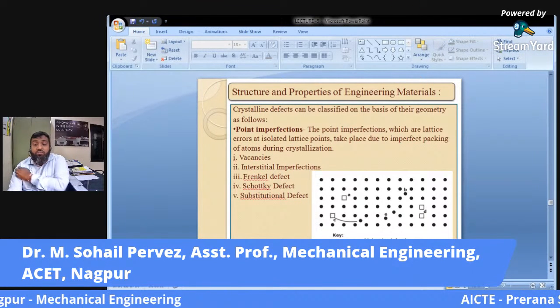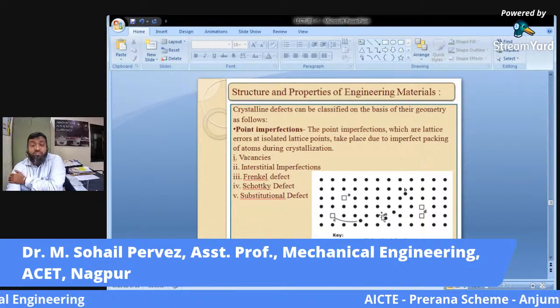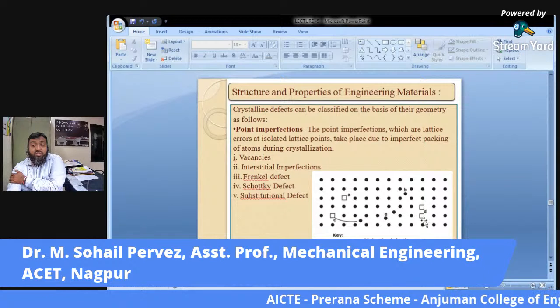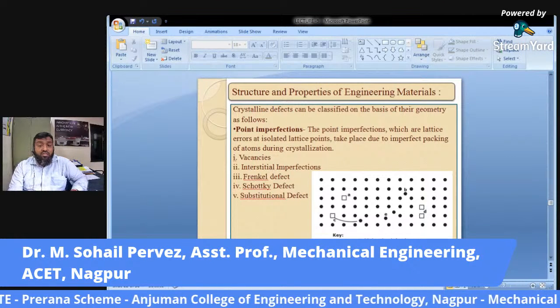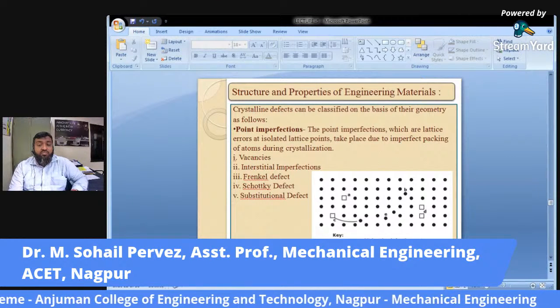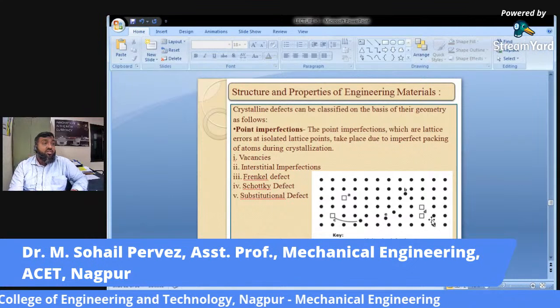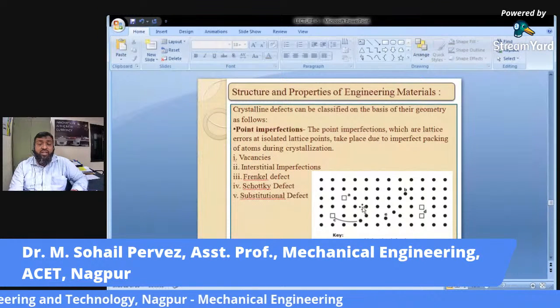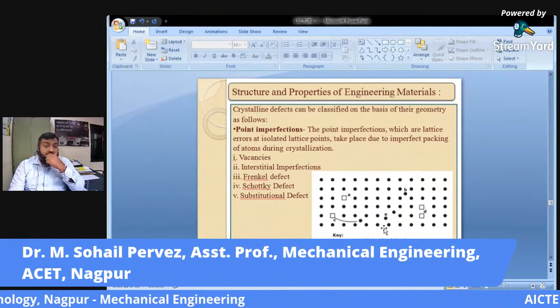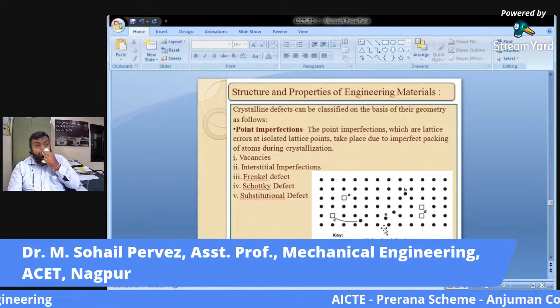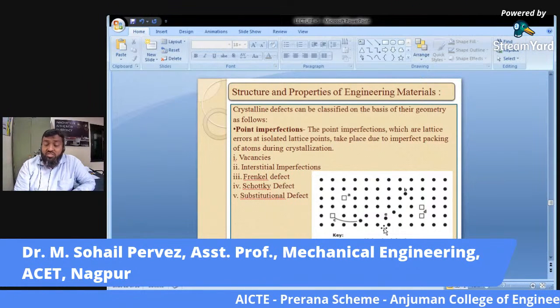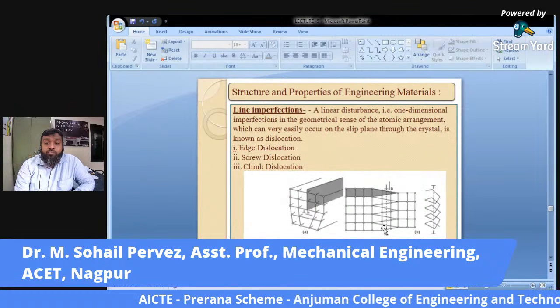That interstitial imperfection is nothing but D. Adjoining points are missing there. Vacant sites are also there. So this is called interstitial, and the point where it is vacant is called a vacant site. These defects will reduce the mechanical strength of the structure or the element.